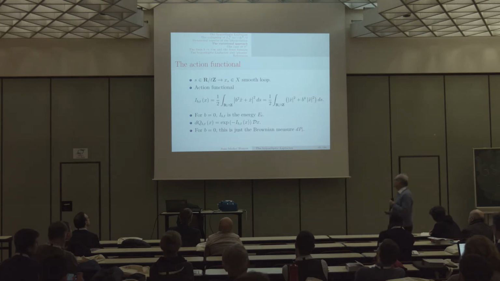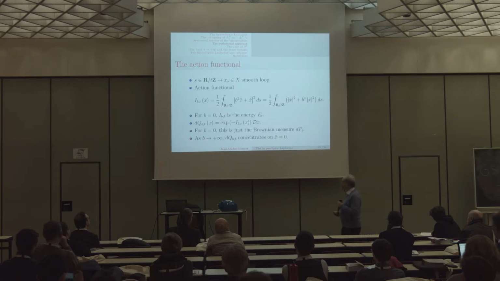From a formal point of view, because J_b deforms the energy, it's fairly obvious that this measure should deform the Brownian measure. But this also tells us something more, as b tends to infinity, something we've not yet talked about.